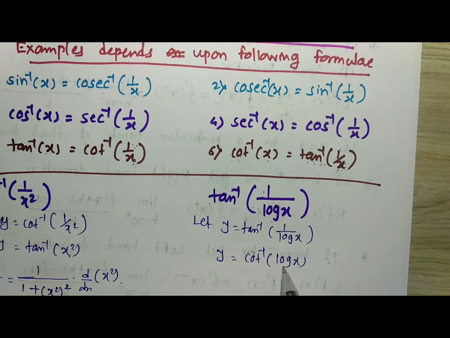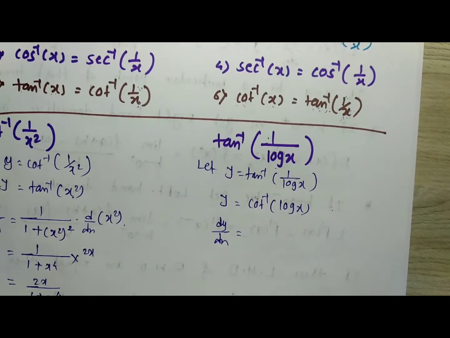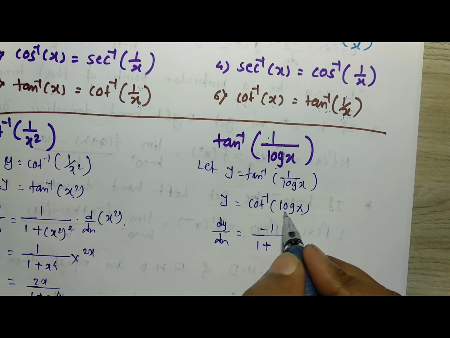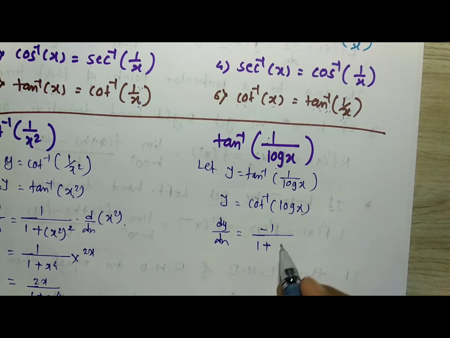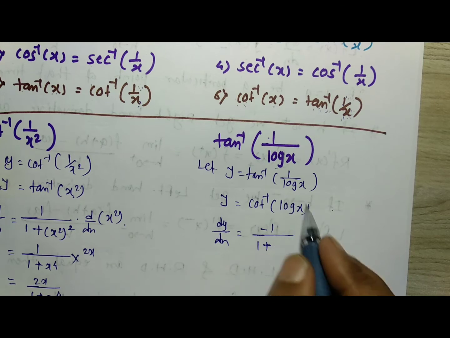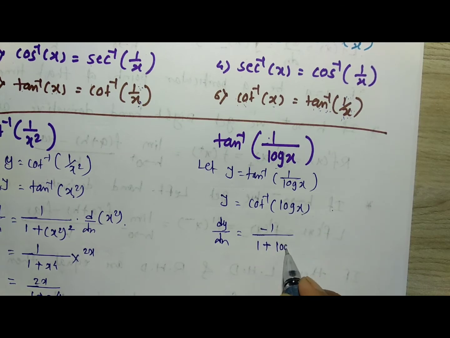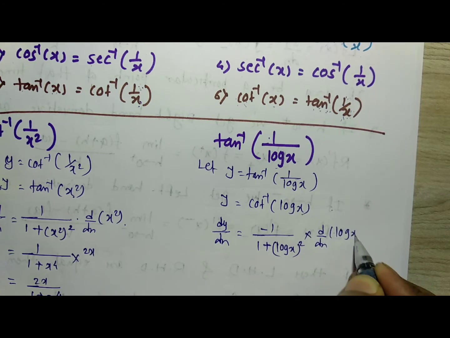Right now we know the derivative of cot inverse x. Y is a function of x, therefore the derivative of y with respect to x, dy by dx, is nothing but minus 1 divided by 1 plus x square, but here x is nothing but log x, and therefore you will get log x square into d/dx of log x.